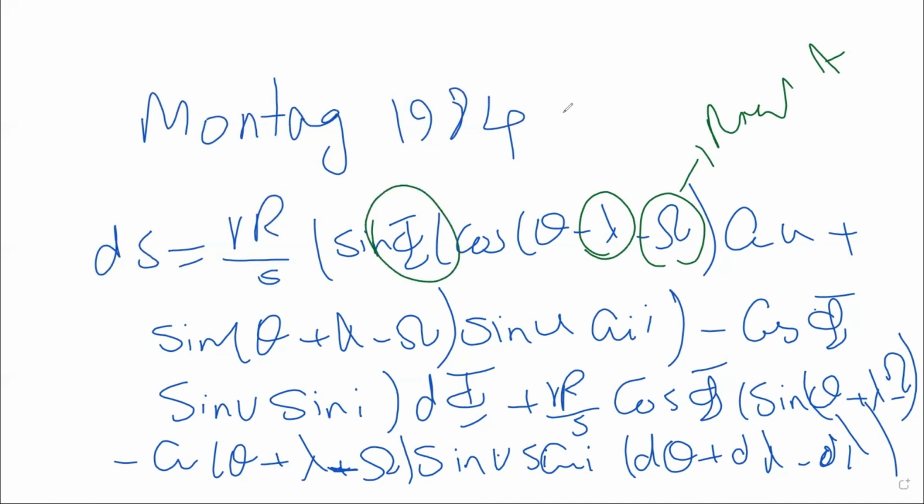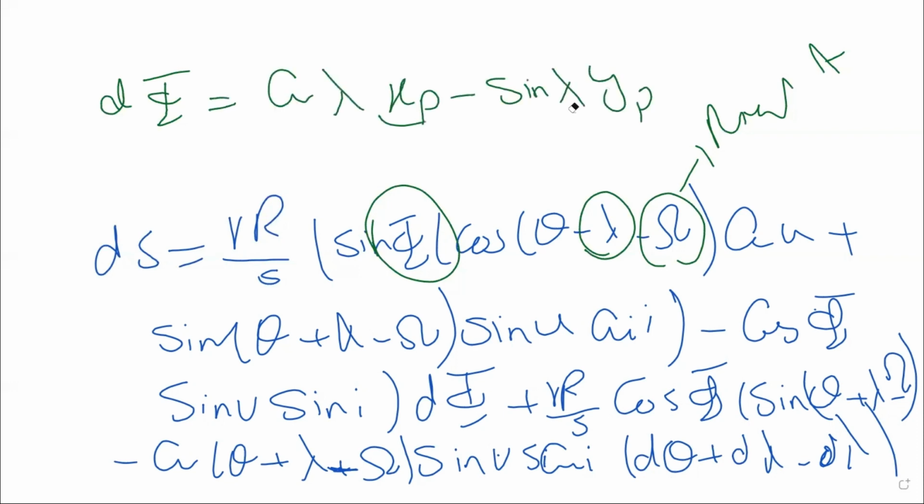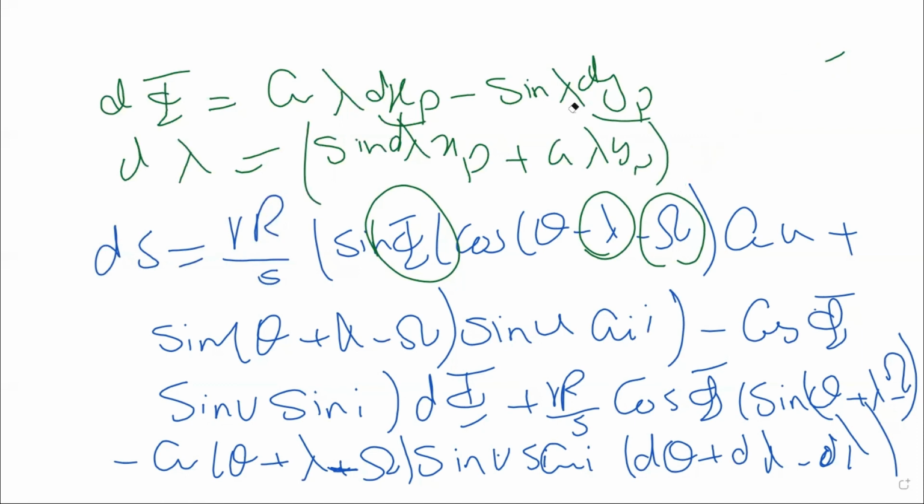For example, I will write it here. D, the differential of phi. So as you see here, all the parameters of the Earth rotation parameters, the polar coordinates, the coordinates of the pole, and this is gas.